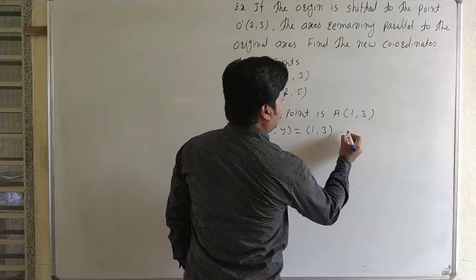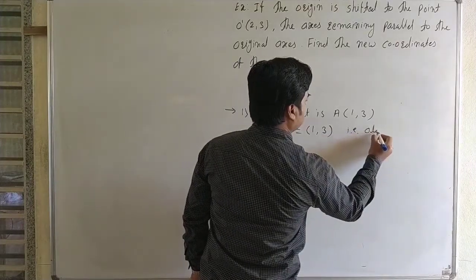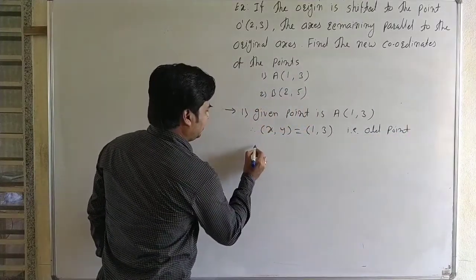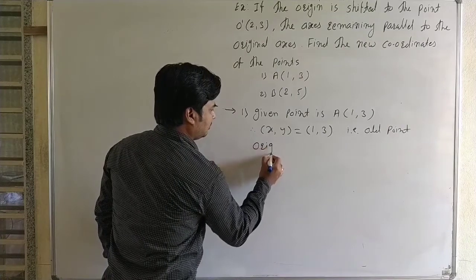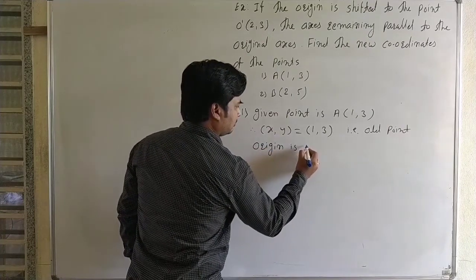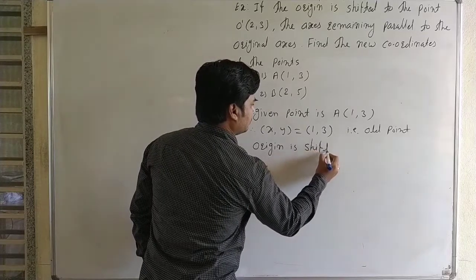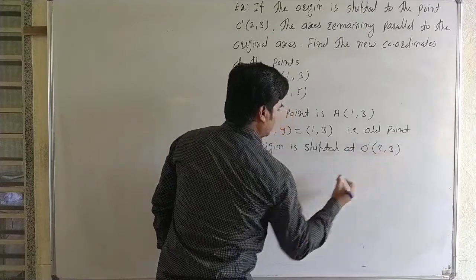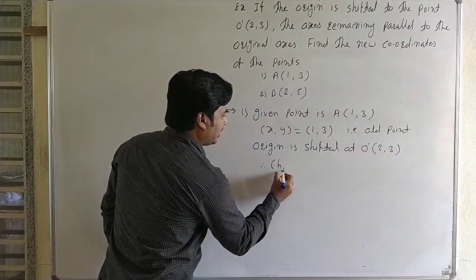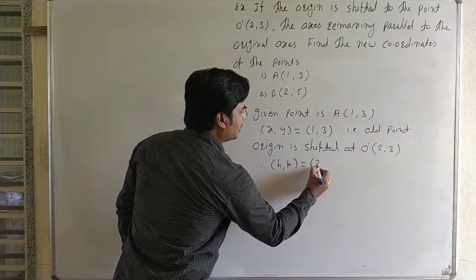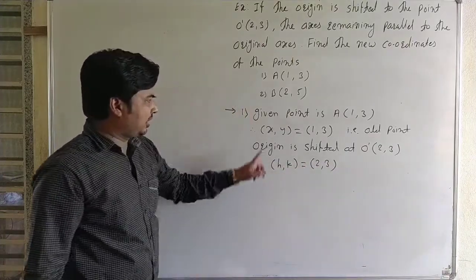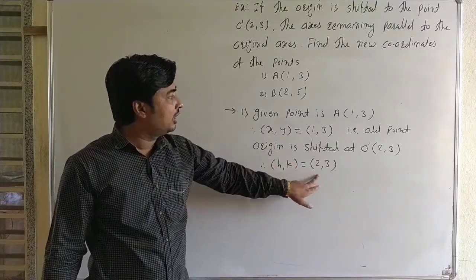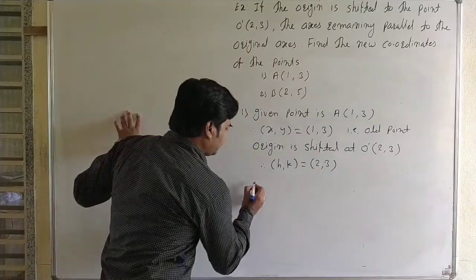Now the origin is shifted at O dash, that is (2, 3). That means h, k is equal to (2, 3). Here x, y is the old point, and h, k is the shift of the origin, the coordinates of the new origin, which is (2, 3).